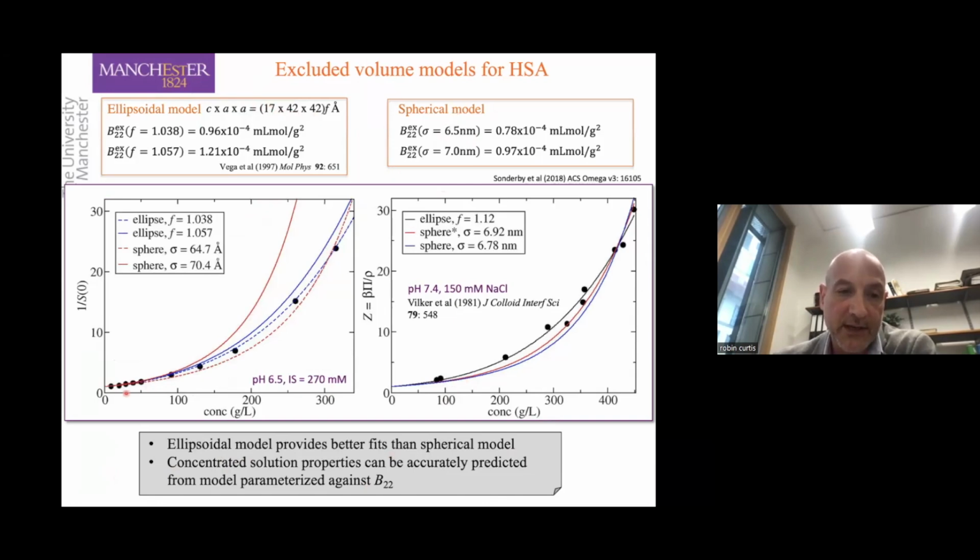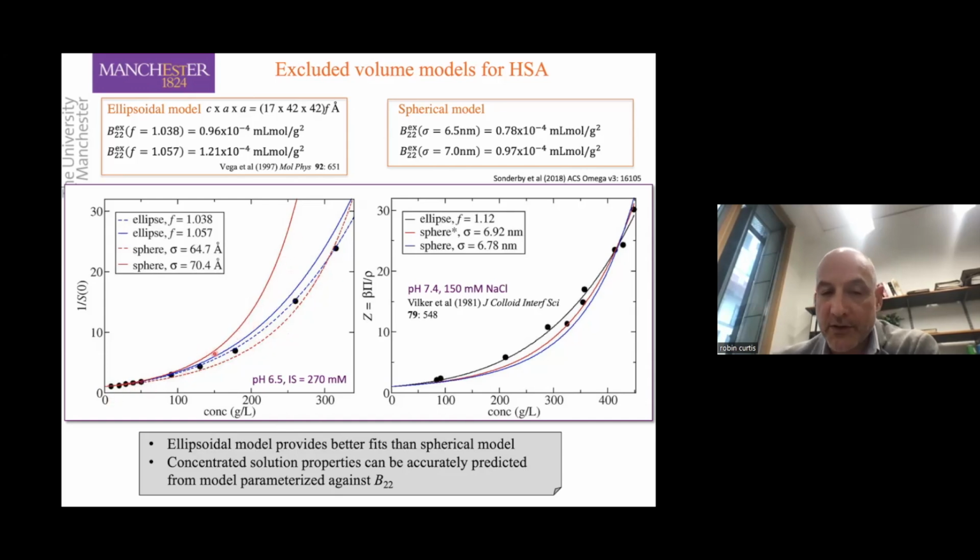And you can see that the ellipsoidal model gives a much better fit to the data than the spherical model, which is shown in red. The spherical model has much more curvature when trying to fit the data. And if you parameterize the model based upon the virial coefficient that you measure at low concentration, you can still get a relatively good fit using the ellipsoidal model, but you really overpredict the curvature when you use a spherical model.